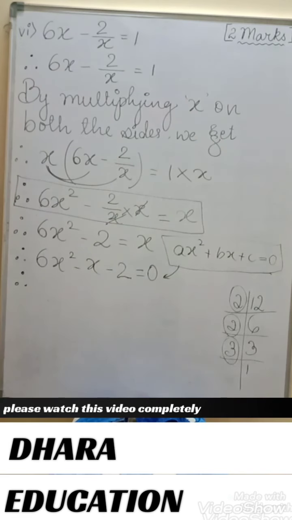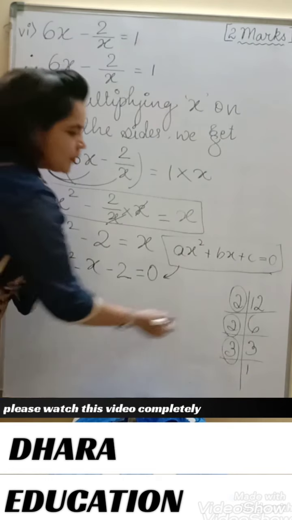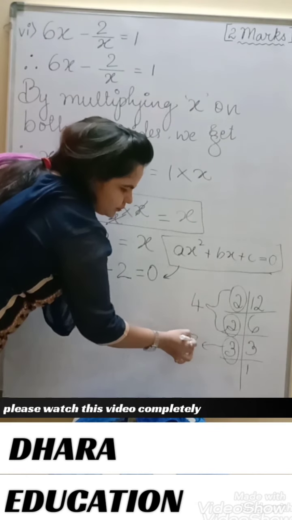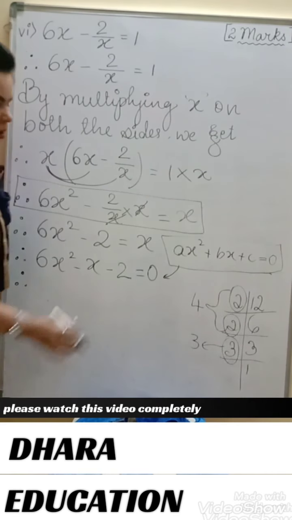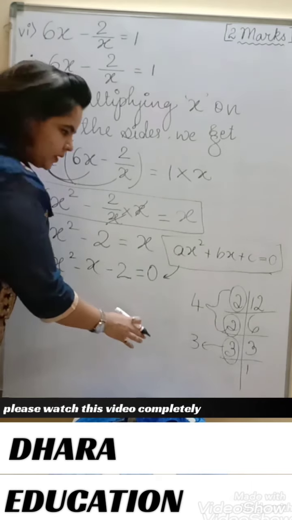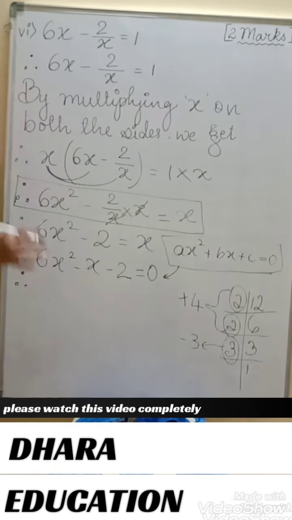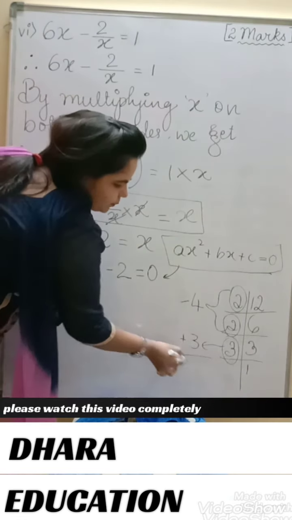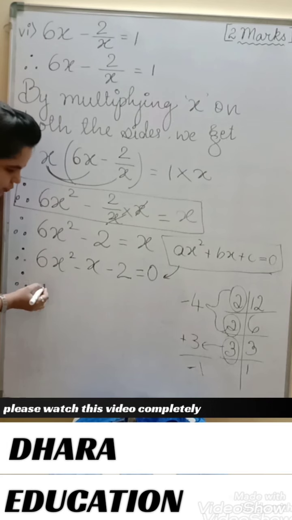So what will be the factors? So that minus 1 will come here, that is minus x will come here. 2 twos are 4 and 3. Okay. So here what we need to understand, it will be plus 4 and minus 3, which gives us minus 4 and plus 3 gives you minus 1. So now we have to split this.